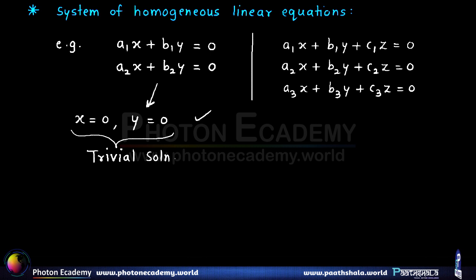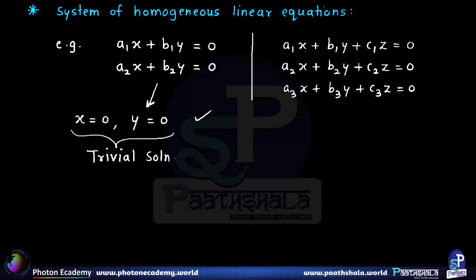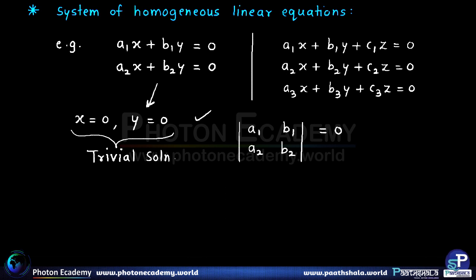Now if we consider the determinant formed by the coefficients, that is, say a1, b1 and a2, b2. So these are the coefficients of x and y. Now let's assume a case where this determinant turns out to be 0.